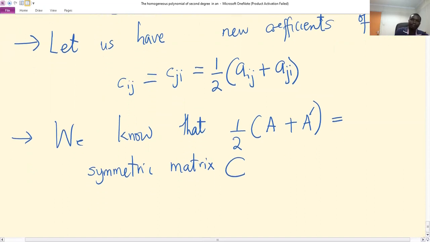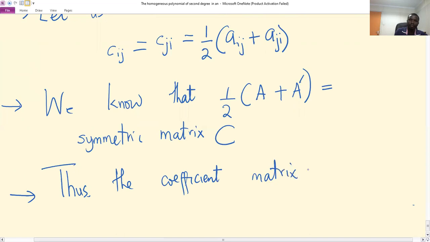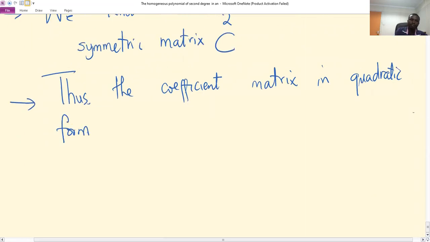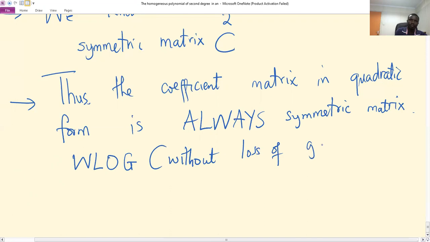So in general, from that information, we can say the coefficient matrix in a quadratic form is always a symmetric matrix without loss of generality. That is always the case.